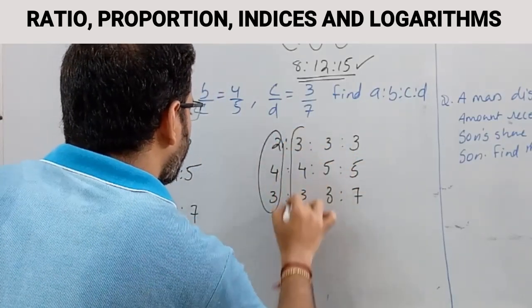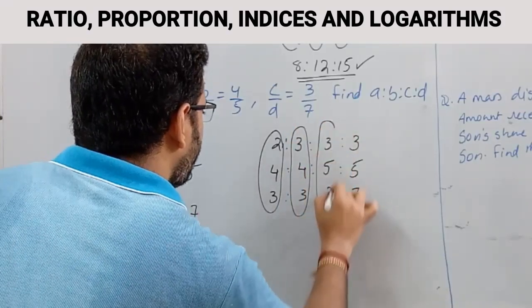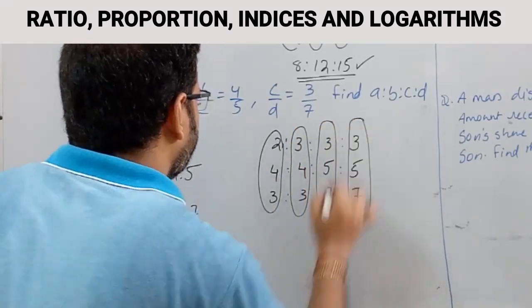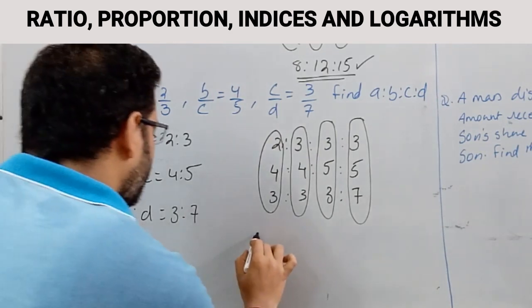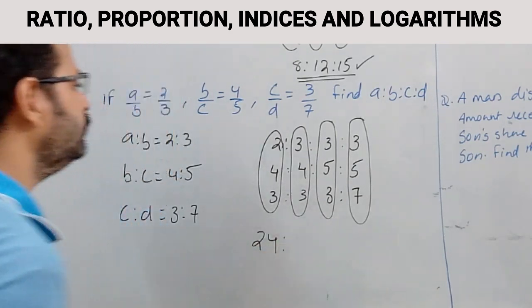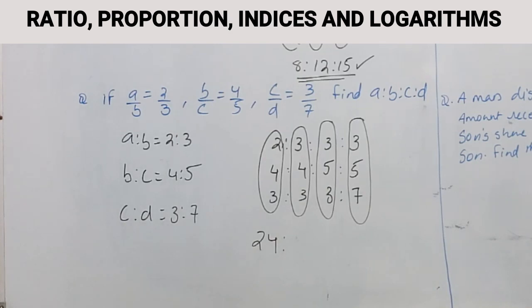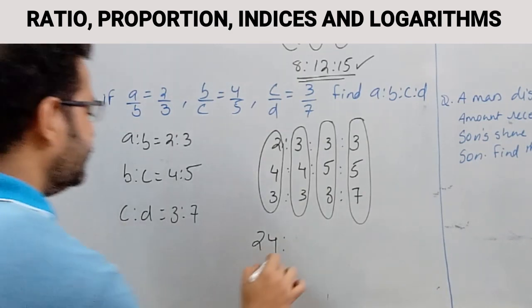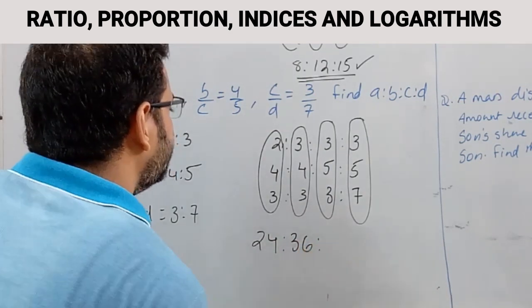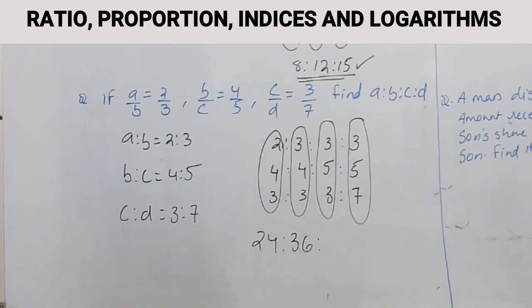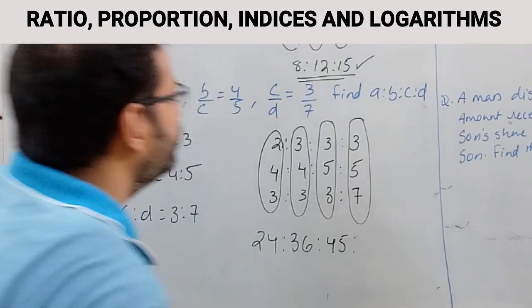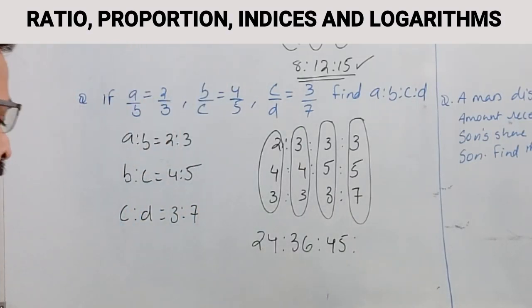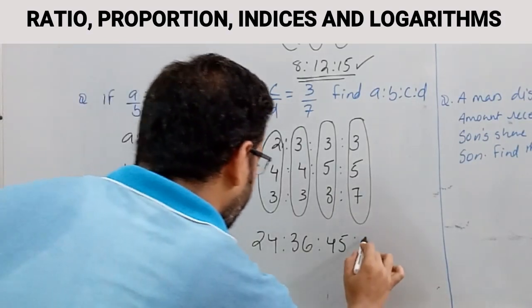Multiply: 2 into 4, 8, into 3, 24 is to 3 into 4 into 3, 36 is to 3 into 5 into 3, 45 is to 3 into 5 into 7, 105.